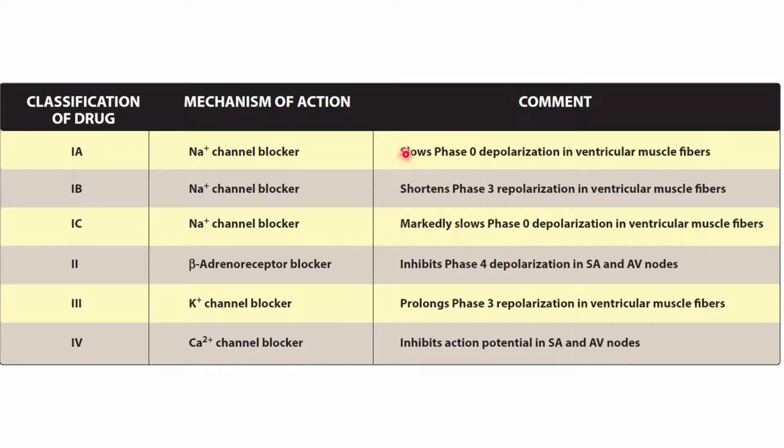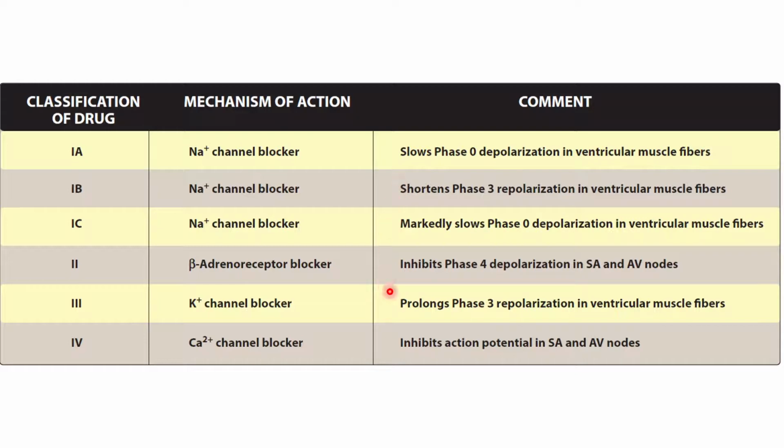So same as 1A. And then the beta blockers class 2 will inhibit the phase 4, and then the class 3 potassium channel blockers will prolong the phase 3. So the class 3 prolongs phase 3, that is easy to remember, and it is the right opposite to the 1B because 1B will shorten phase 3.